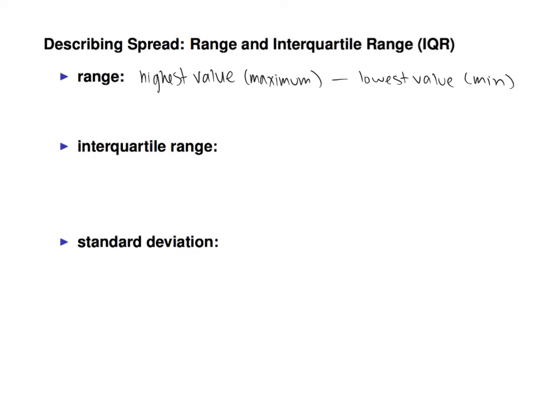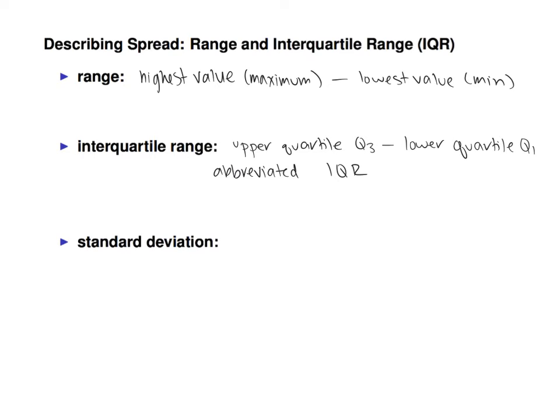Now the interquartile range is the range between the quartiles. You find it using the upper quartile, Q3, and take away the lower quartile, Q1. This is often abbreviated IQR.